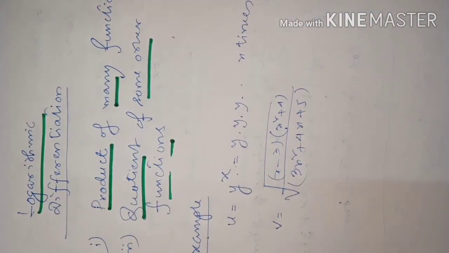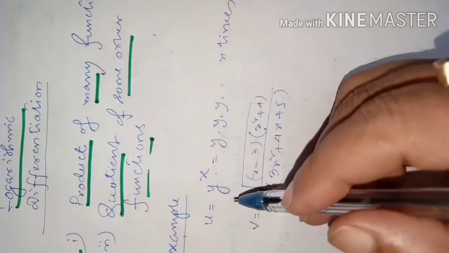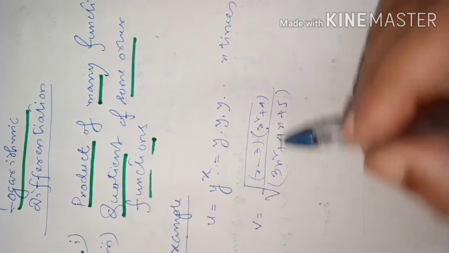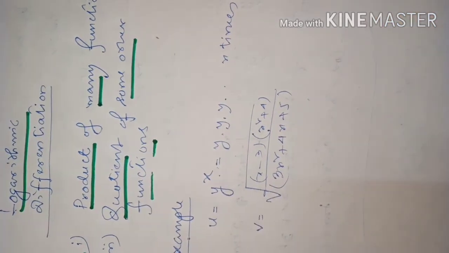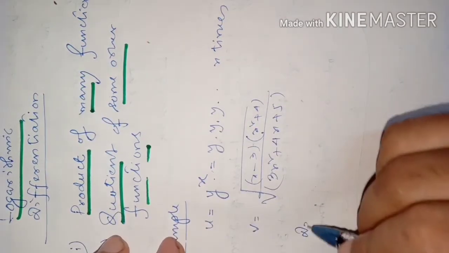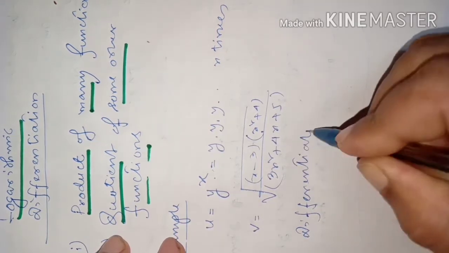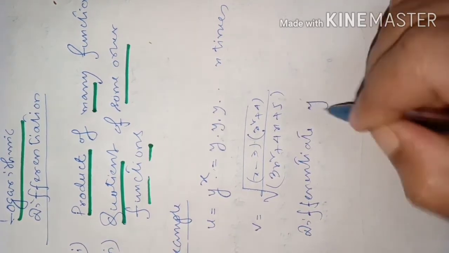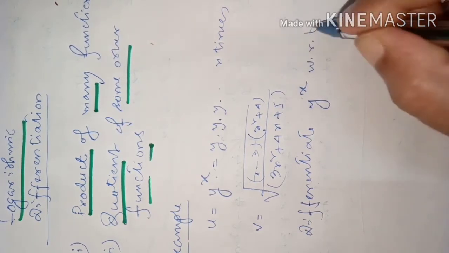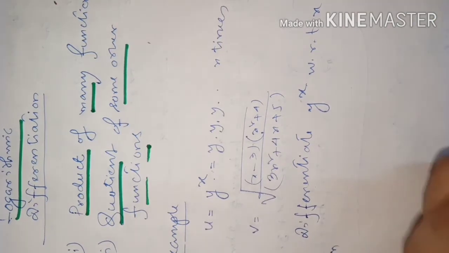First, we consider the given function as, say, y, then we take the logarithm of both sides. I am showing you with one example. Suppose we are given: differentiate y to the power of x with respect to x. Then we can proceed like this.